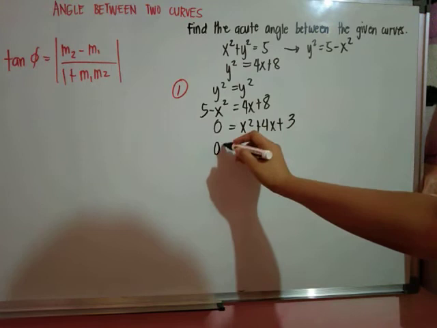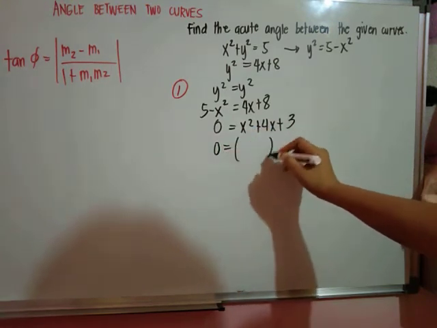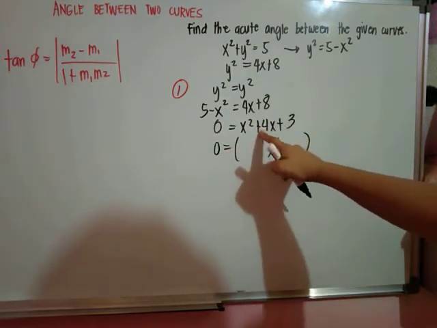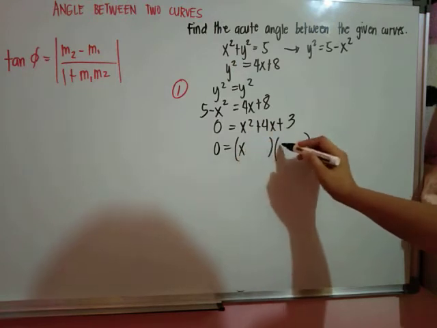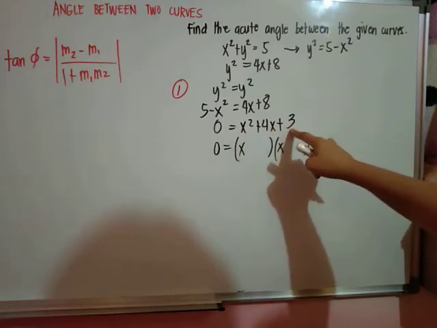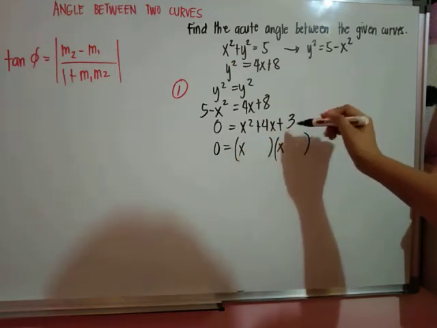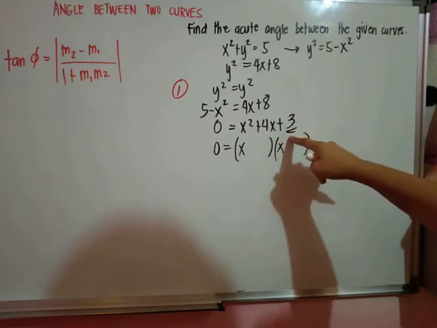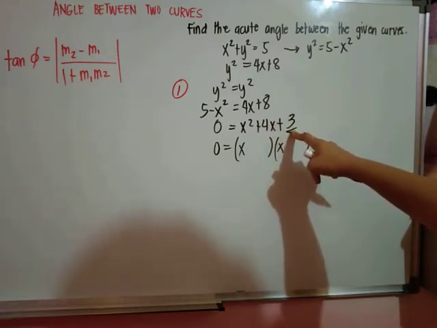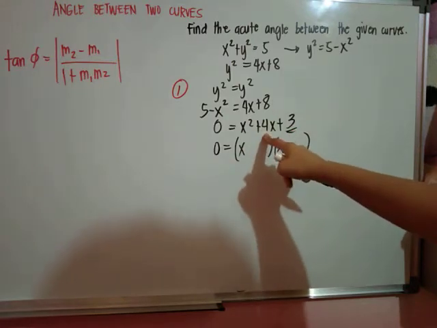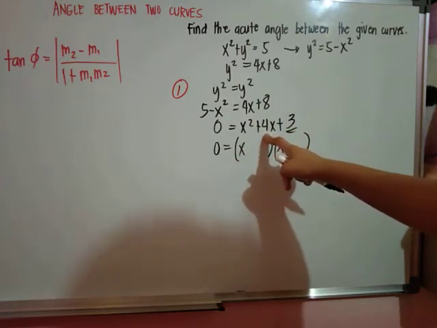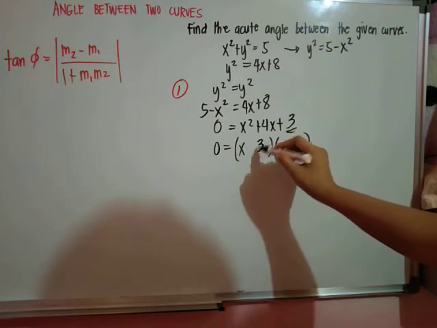Di ba yung technique ng factoring is, alamin mo kung ano yung dalawang integer na pag pinag-multiply is ito yung kalalabasan, and then pag pinag-add, positive 4 naman. So, pwede yung 3 times 1, di ba?